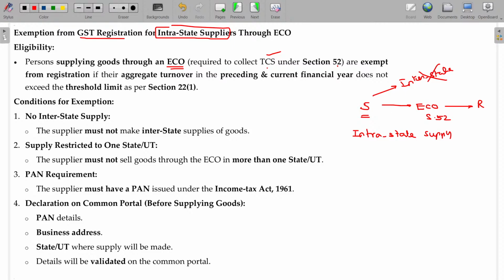He is taking the responsibility. Exempt from registration if his aggregate turnover in the preceding financial year and current financial year does not exceed the threshold limit. Okay, it will be applicable to the threshold limit.